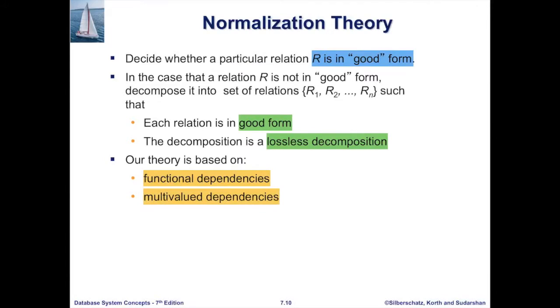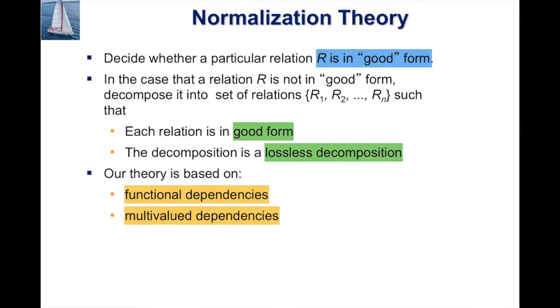So in this part, the first thing that we need to do is to decide whether a particular relation is in good form. So our criteria are like repetition, which should not exist, as well as null values. Whenever we add new records, they should not exist.